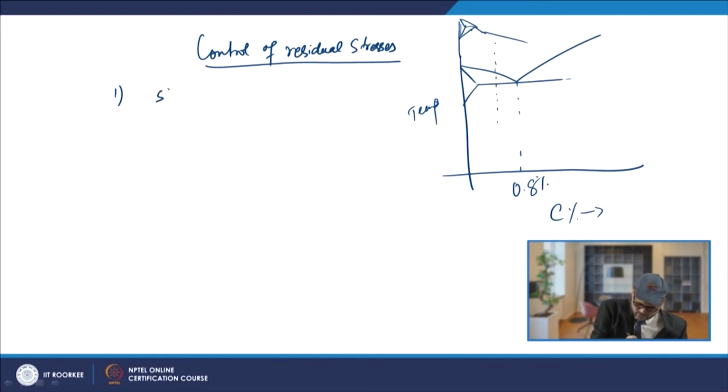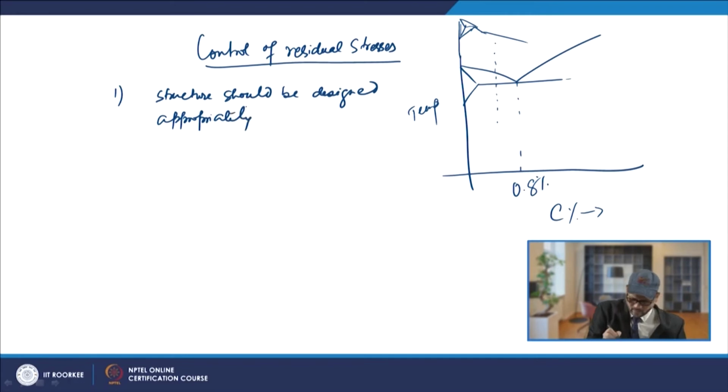So the structure should be designed appropriately. You should have the appropriate type of joint, so that you get the minimum amount of residual stresses. What we do is, a double V groove butt joint should be used instead of a single V. That way we do the balancing.